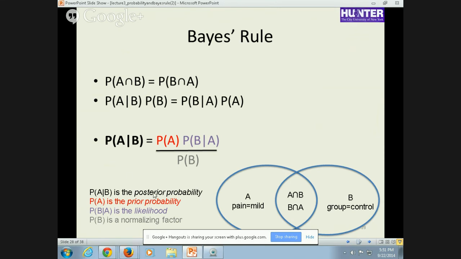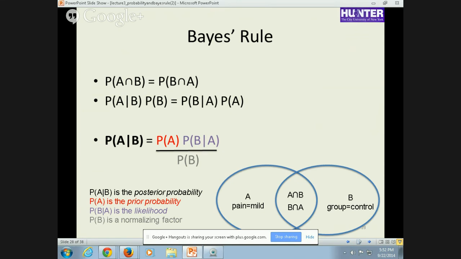These are just some terminologies that statisticians like to use. Question: can you repeat that? P of B given A is the sensitivity? Sensitivity was the probability of having a positive test given that you have the disease.